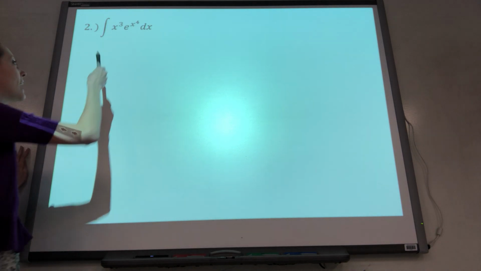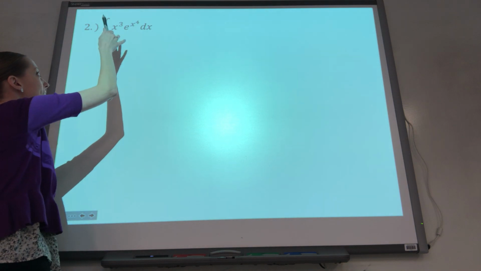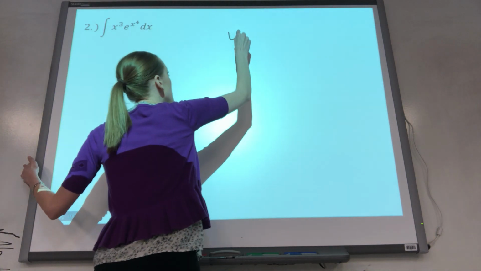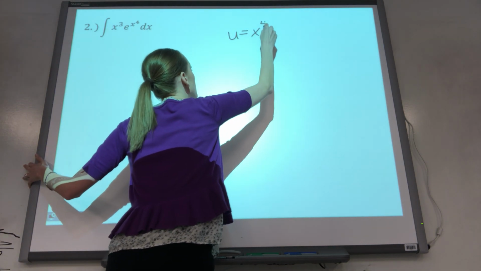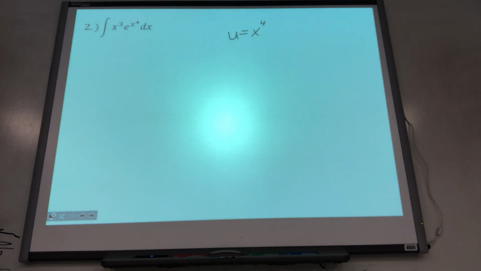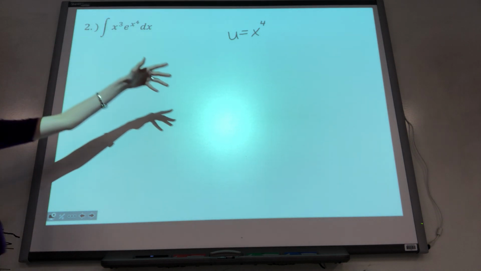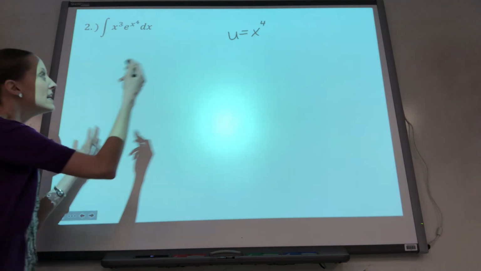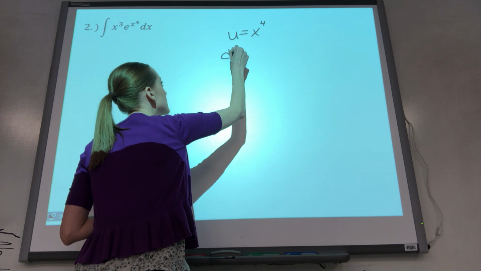Again, most of the time when you've got e somewhere and it's to a power other than x, a lot of times that power is what u needs to equal. Now this is like I always say, if you try this out and it doesn't work, then just try something else. So we'll see what happens.